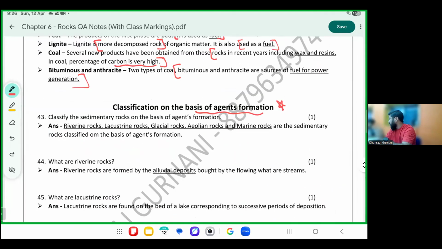That one word can change an entire answer. Formation has three types: chemical, mechanical, or organic. Agents of formation is what we see now. The word agents changes everything.